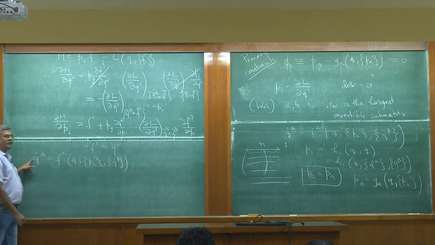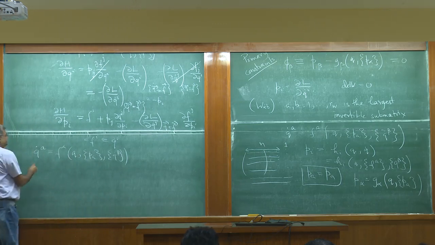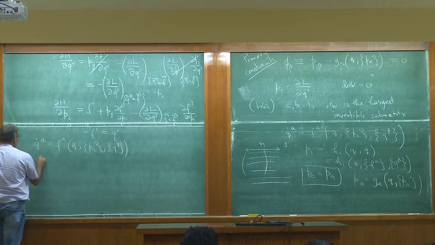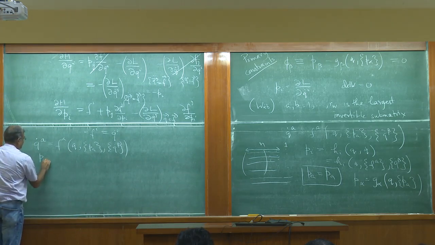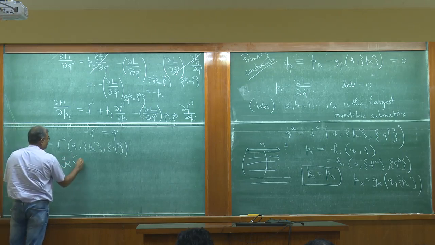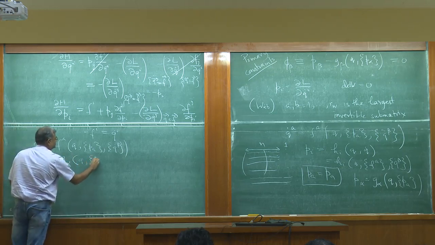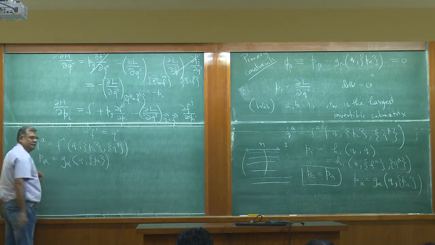These are for the q dot A's. And all the P betas or P alphas, whatever you want to call them, they can be written down as functions of g alpha, Q and PA. That will happen in general.